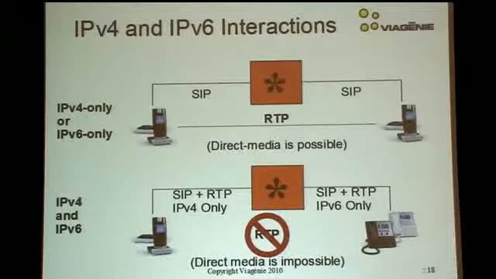Here, it just represents that if you have communication between two different address families, RTP won't be possible. Direct media won't be possible. But there are other alternatives such as ANAT and ICE, but they are not currently implemented in Asterisk.